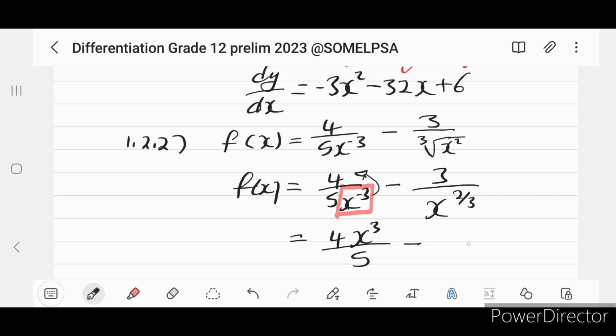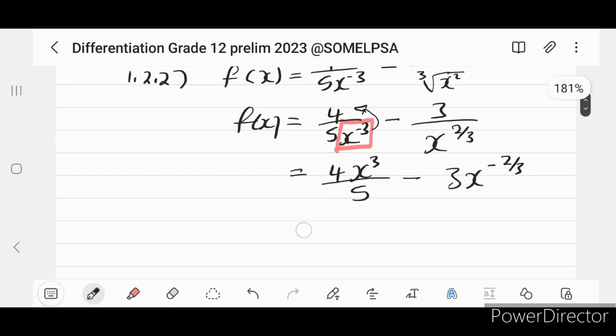And then also the same thing here. I'm just going to say 3x to the minus 2 over 3. So if the coefficient is 1, it's just going to be divided by 1, of which anything divided by 1 is that thing. So if the coefficient is 1, it's just fine if I leave it that way. Okay, so that is what you must remember.